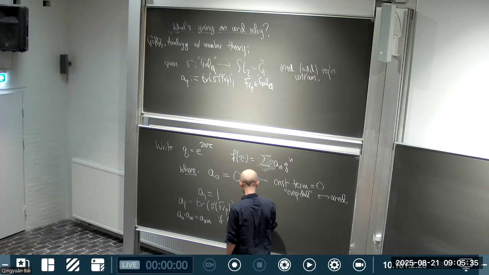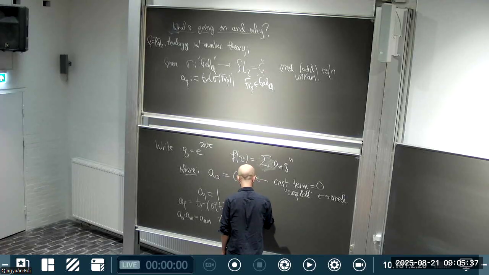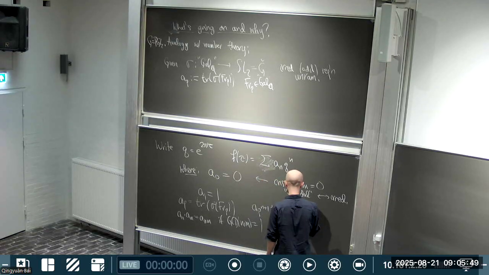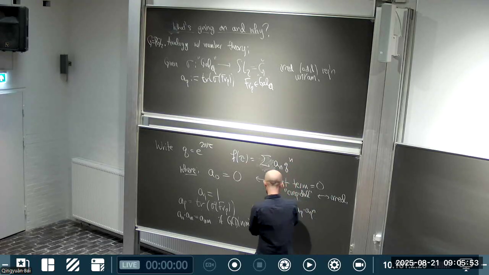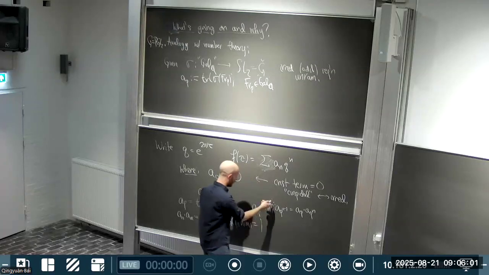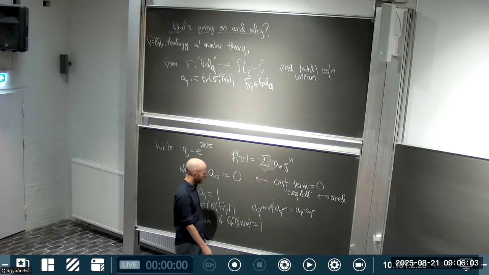So now I just have to tell you what happens for powers of p. In general, there's a recursion that says a_{p^{n+1}} plus a_{p^{n-1}} is equal to a_p times a_{p^n}. And there's a factor I'm forgetting somewhere. It's a p to some power, like the weight of the modular form minus one, it doesn't matter.